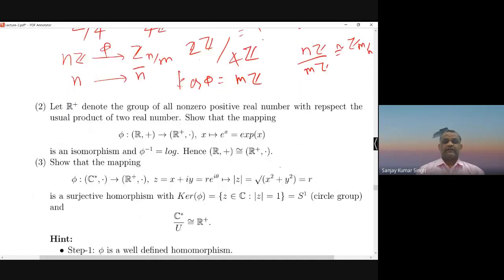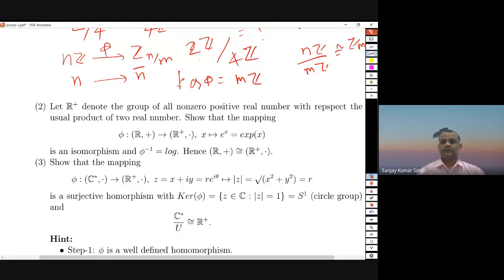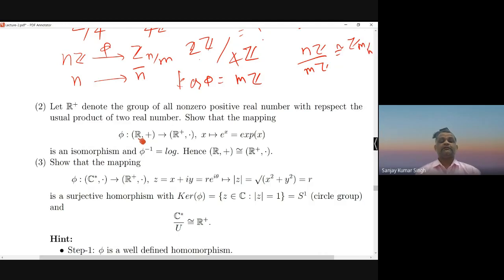And similarly, you have many other exercises. Here you prove that the set of real numbers with respect to addition is isomorphic to the set of all positive real numbers with respect to multiplication. And this can be done by defining a map, which we have already defined yesterday, phi, which sends any x to e power x.